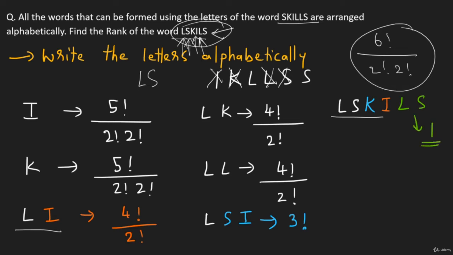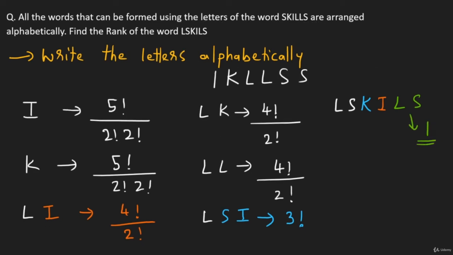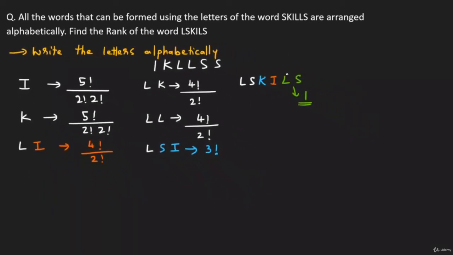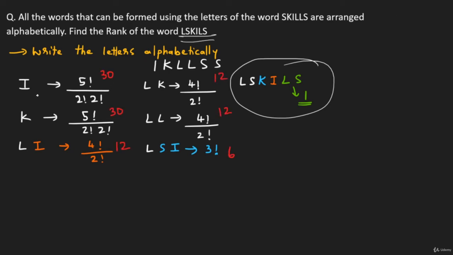All right, now let's keep these aside. We have seen that before the word we are trying to rank, there will be 30 words that start with I, 30 words that start with K, 12 words that start with LI, 12 words that start with LK, 12 words that start with LL, and 6 words that start with LSI.